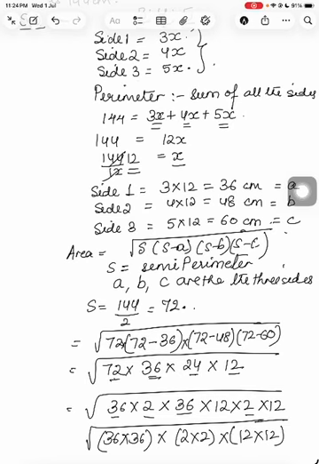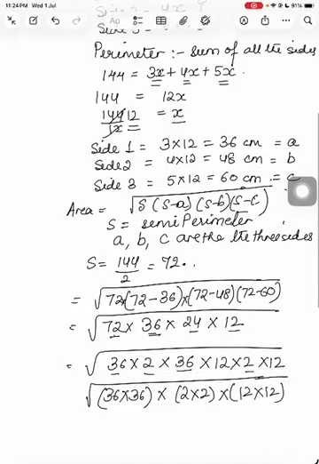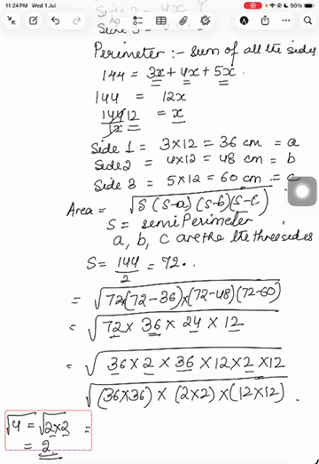And we know when we are finding the square root of any number, suppose you're finding the square root of 4, we write 2 into 2, as 4 can be written as 2 into 2, and 2 becomes the square root. We take out of a pair one number. Same way to find the square root of this big number, we will take out of the pairs one number each. So we will take 36, out of these two 2s we'll take 2, and out of these two 12s we'll take 12.